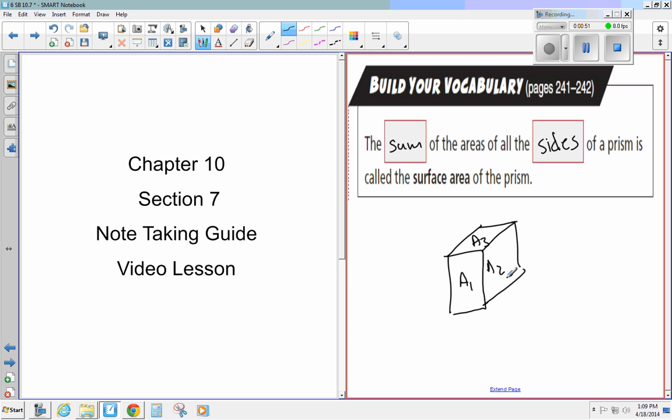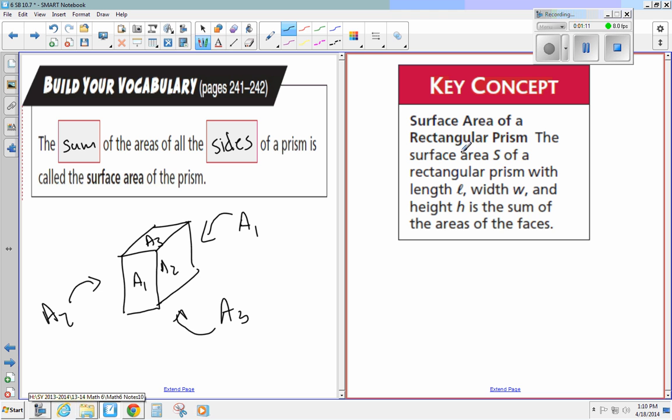Now, if you know what a rectangular prism looks like, you know that A1 repeats itself on the back, and A3 repeats itself on the bottom, and A2 repeats itself on the other side. So, what that means is that the surface area S of a rectangular prism with length L, width W, and height H is the sum of the area of the faces.